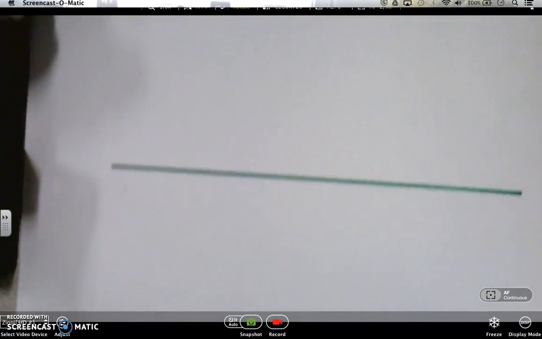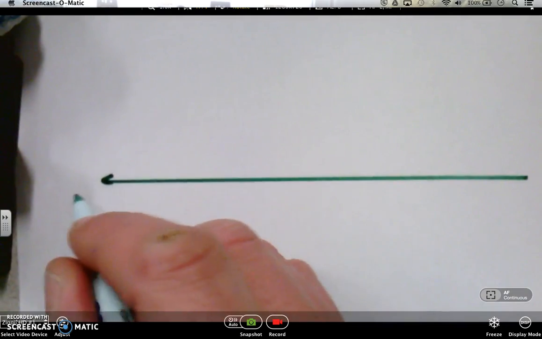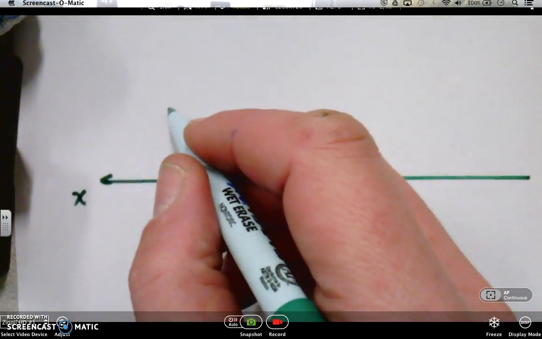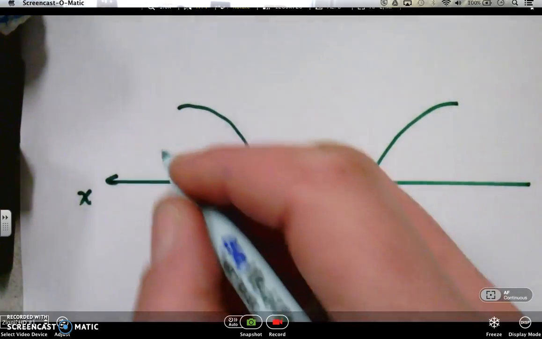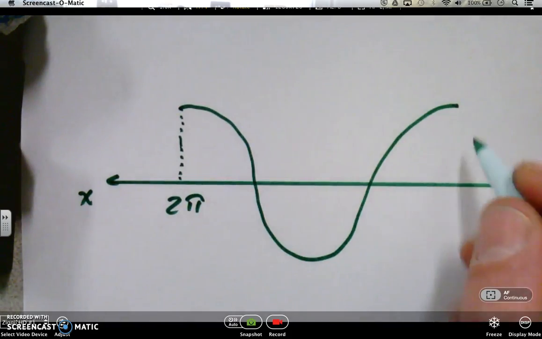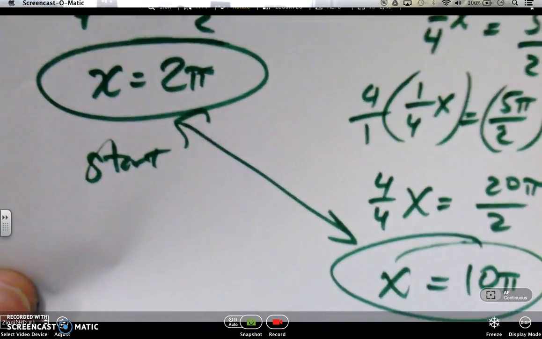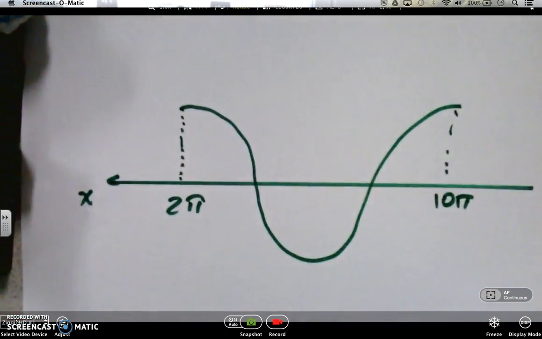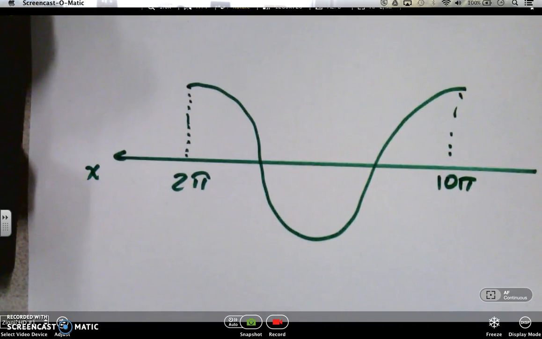Okay, and what we'll do is go just like this. There's our x-axis, and then the curve is going to go down and up. That's one cycle of sine, sorry, cosine. This is 2 pi, and that is 10 pi. That's what we solved for just a moment ago. Actually this one started out with a fraction, but it's going to be easier.